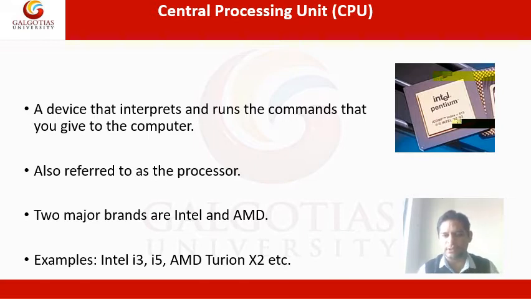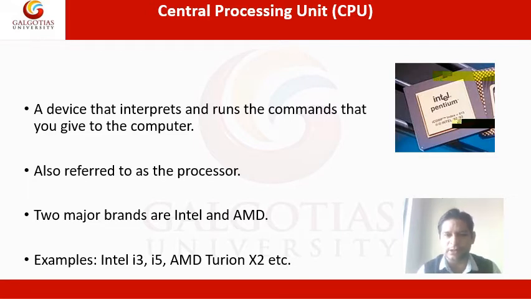Students, you can see the diagram of a processor on the right hand side of the slide. You can see it is like a square chip, and it is mainly from Intel or AMD. These are the major brands making CPUs nowadays.